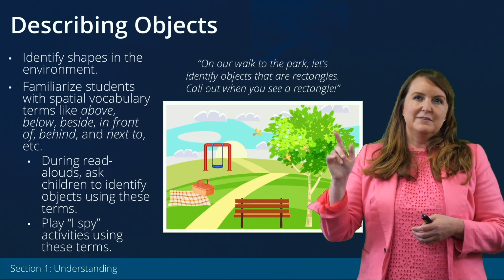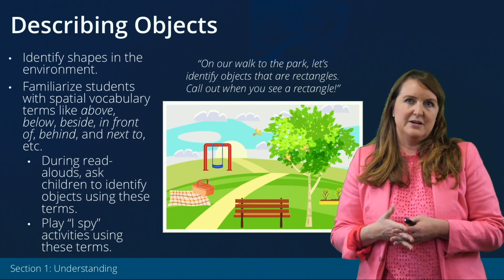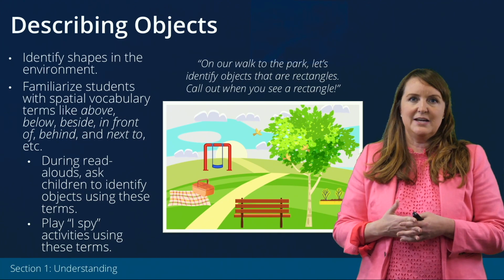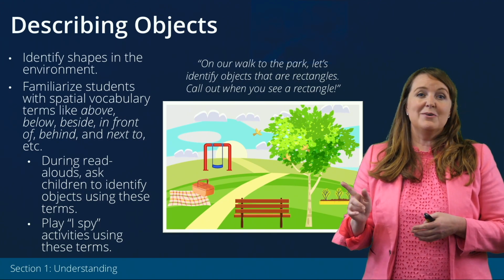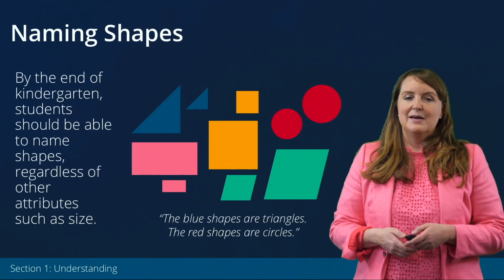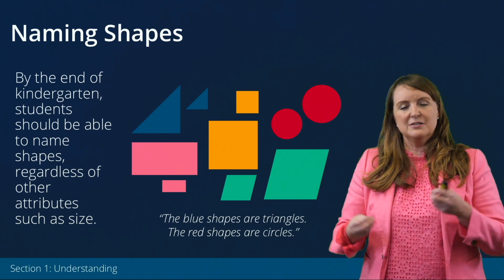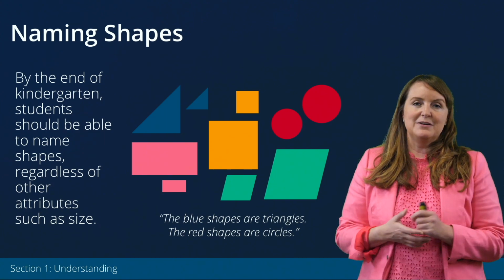You can read all of the examples here, but maybe we say, on our walk to the park, let's identify all the rectangles that we see and call out when you see a rectangle. Students would probably see a lot more rectangles than you may have ever expected. Then as we do that, we want to start to name shapes. I talked a little bit about this, but this whole slide is about naming shapes.